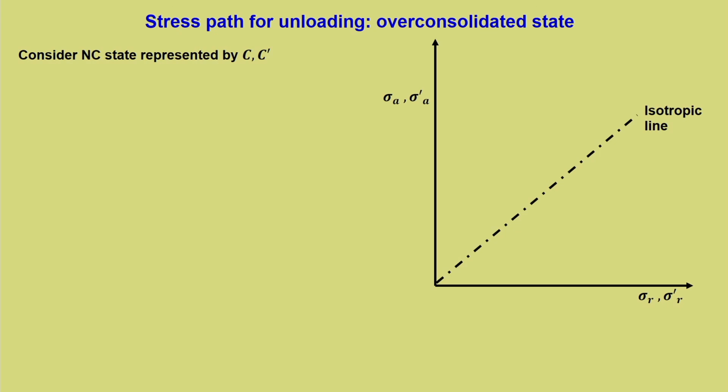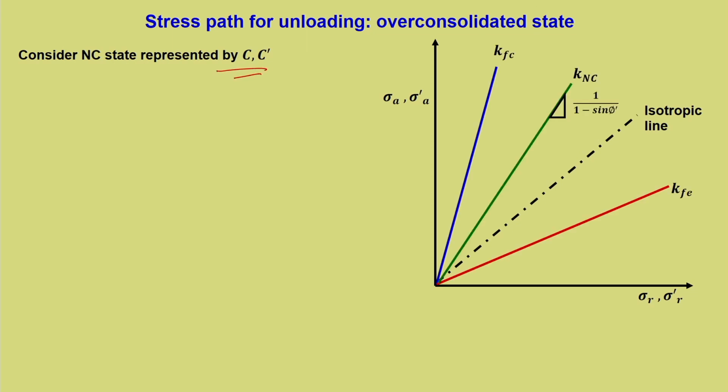Now, let us again start with sigma A dash. The normally consolidated state is represented by C dash, that is where we ended up. So, C dash is the normally consolidated point. Now, the soil is unloaded by decreasing sigma A. So, what we are doing?